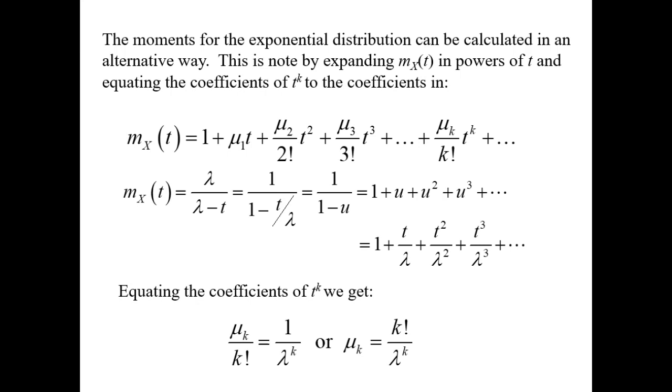That is, you just expand this MGF and find the coefficient of t raised to k by k factorial, which is the kth moment. That is, from this moment generating function, we get all the moments by applying either property number 2 or property number 3.